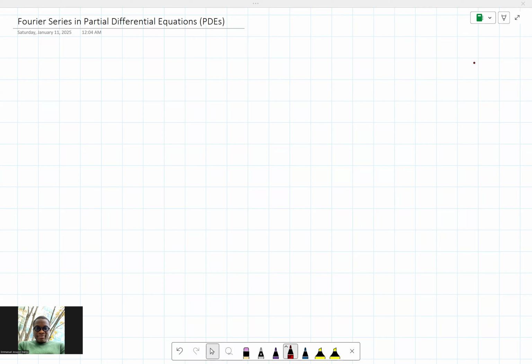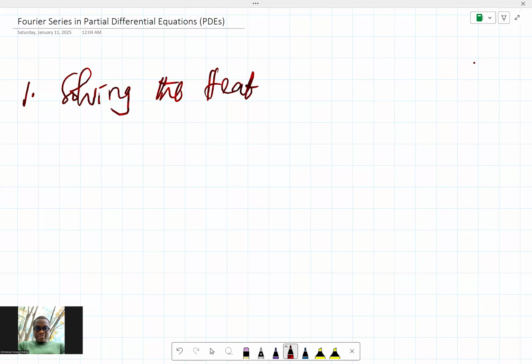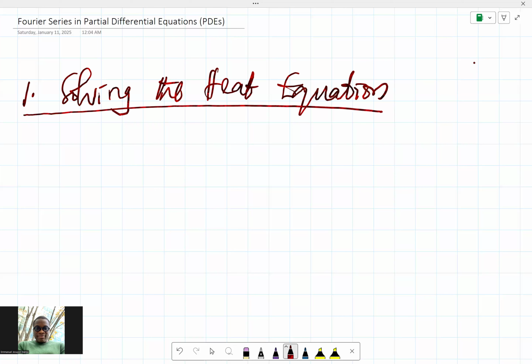The first application in partial differential equations that we'll be discussing is solving the heat equation. From the history I talked about concerning Fourier series, Joseph Fourier discovered this concept when he was studying the heat equation.